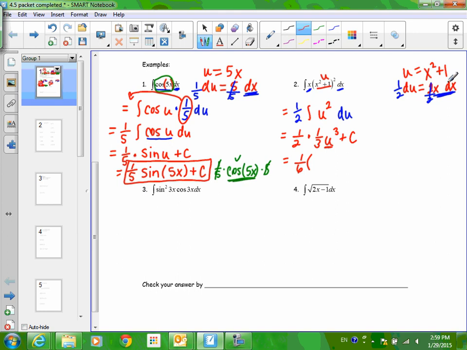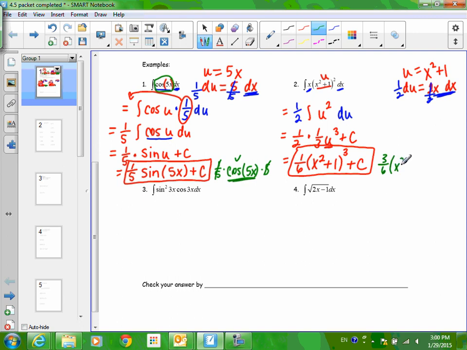And then in place of u, you got to actually write down what u is equal to. And this is where this setup right here is really going to help. Of course, don't forget your plus c. I'm going to do all this work and forget plus c. And then you check your work by deriving. So I'm going to do this part really fast. 3 times 1/6, that's 3/6.